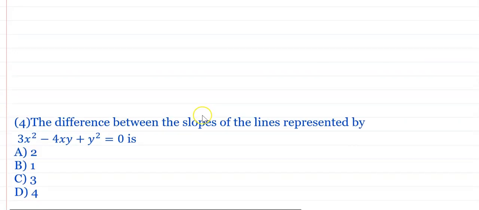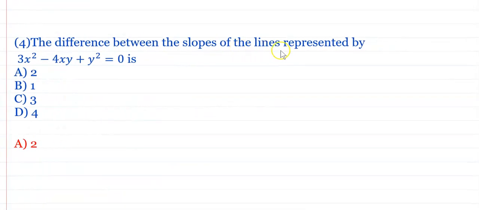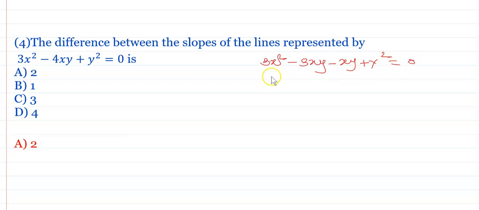Okay. Now the next, the difference between the slopes of the lines represented by 3x square minus 4xy plus y square is. Now we will separate these two lines. That is 3x square minus 4xy means 3x square minus 3xy minus xy plus y square is equal to 0.